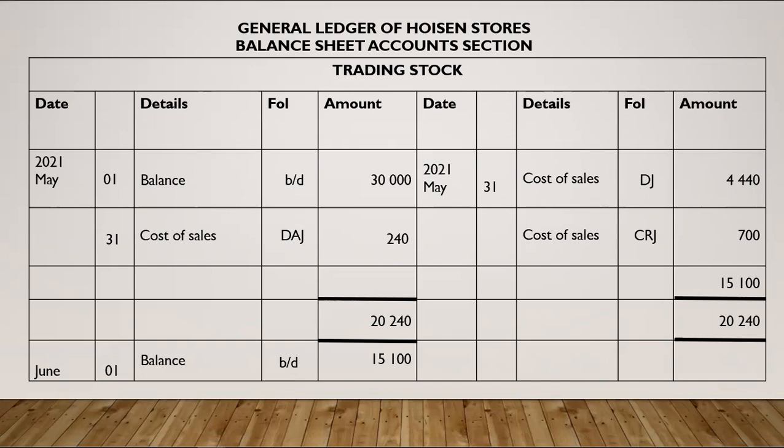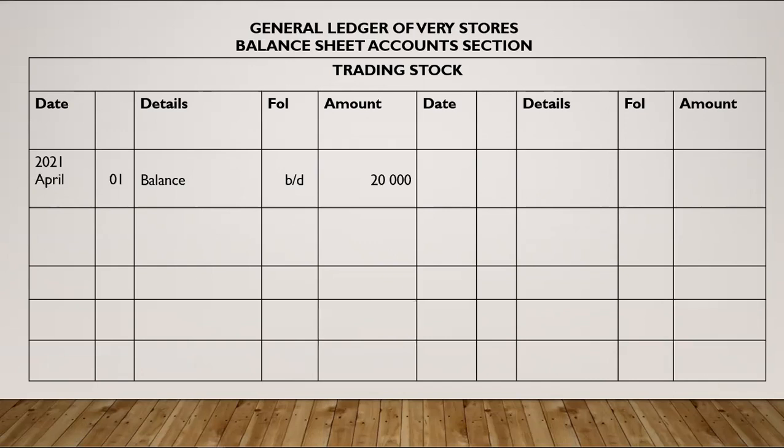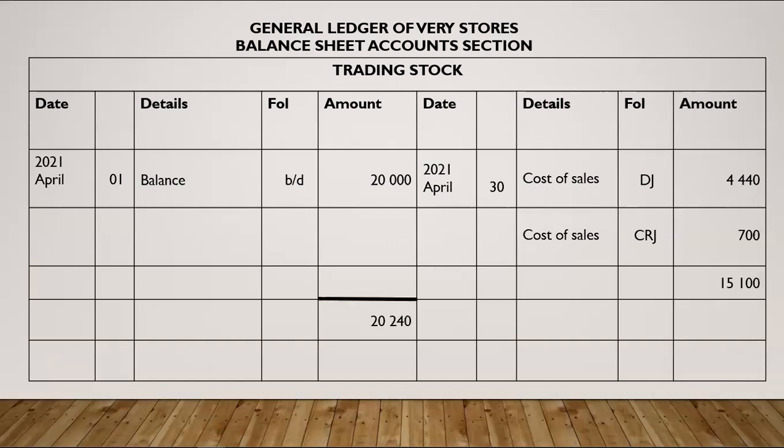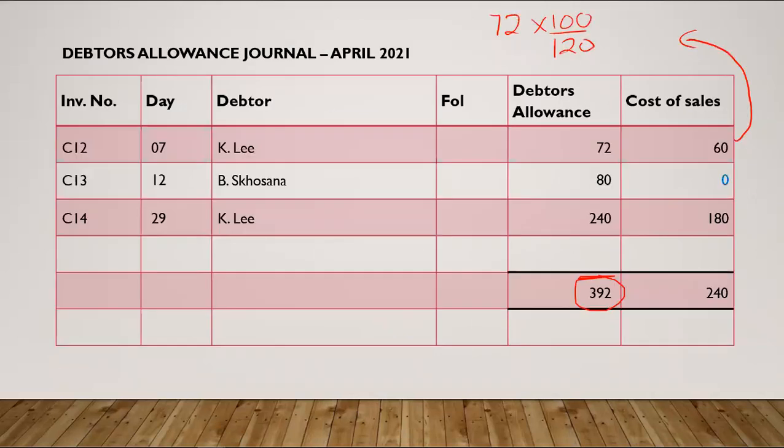Okay, it's 20,000, and then you minus this, and then you add the cost price of goods that were returned, which in this case will be 240. And that 240 is the total of the cost of sales in your debtors allowances journal.